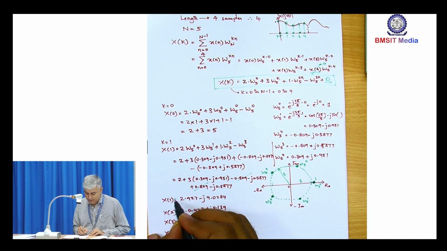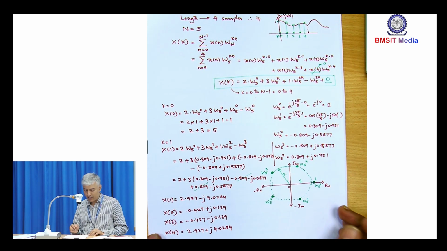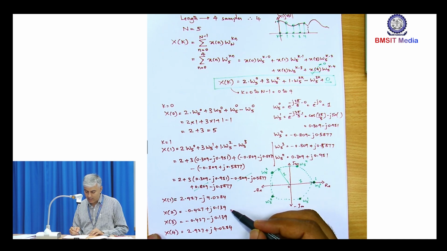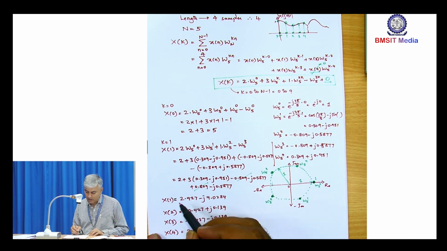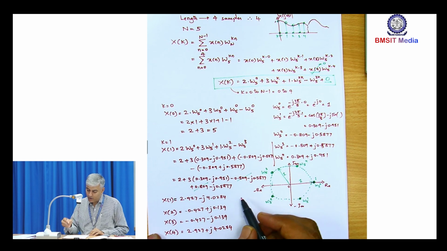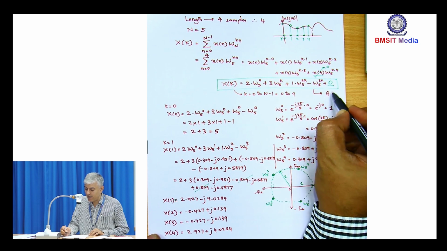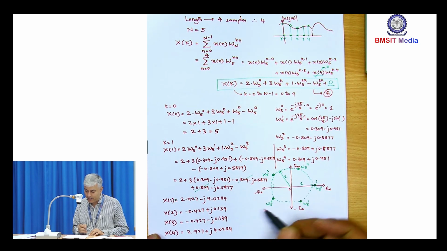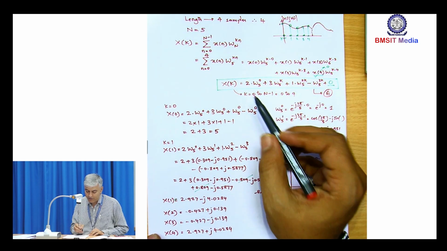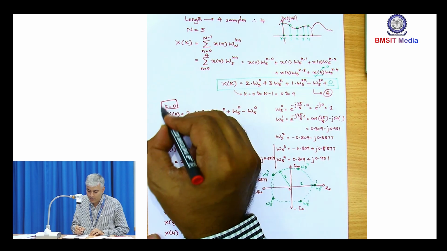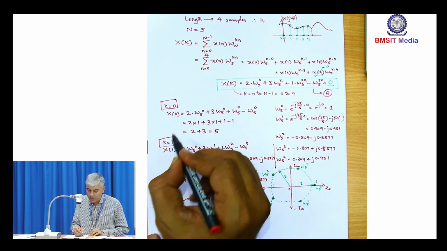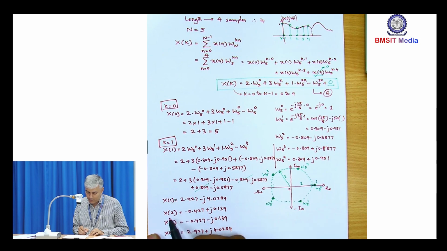The other values, x of 2, x of 3 and x of 4, are also like this. So all of these are to be determined using this boxed expression only, expression a. So using a, we have to expand for different values of k. I have shown it for k equal to 0 and 1. For k equal to 2 also it can be determined.